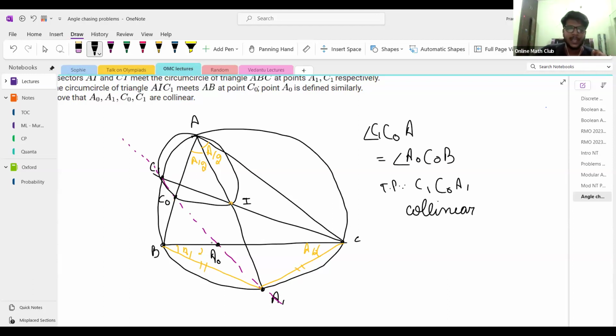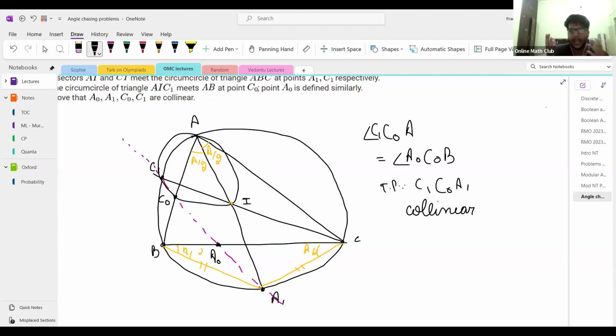Why? Because A0 is essentially symmetric to C0. Think about it, it's just a symmetry. So if you prove this, by symmetry A0 should also lie on this line. If you're not satisfied, you can also prove it in a similar way. But if you just prove C1, C0, A1, then this automatically follows by symmetry.